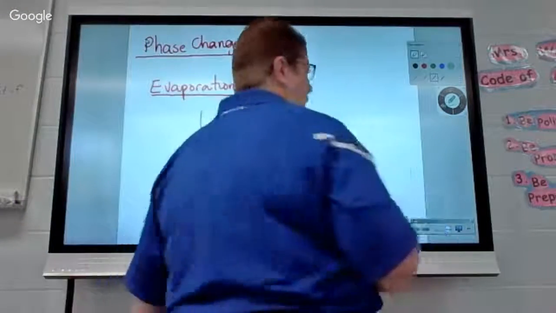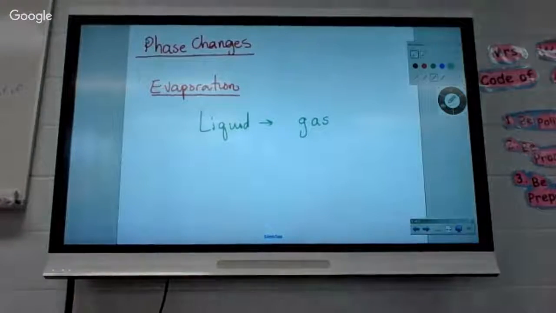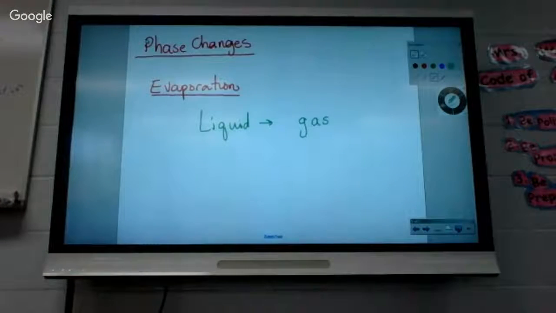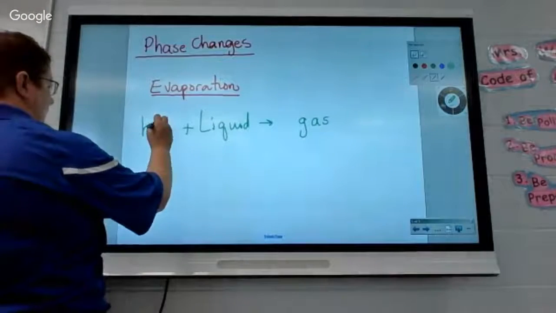Now, the second thing I would expect you to be able to do is put in the heat. What side does the heat need to go on? This is what we worked on at the end of class. Does it need to be heated up to change into a gas, or does the heat need to be given off so that it can change into a gas? It needs to be heated up. So if it needs to be heated up, it needs to be a reactant, so it would need to go on this side.